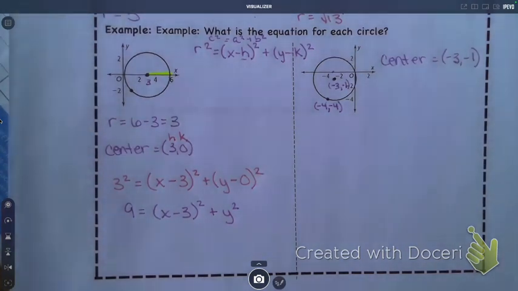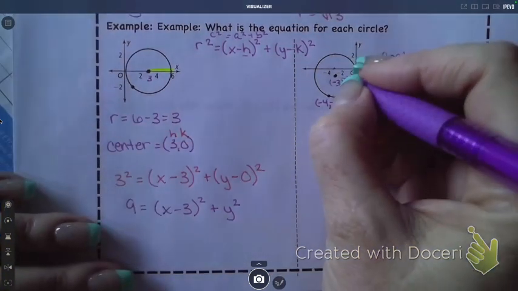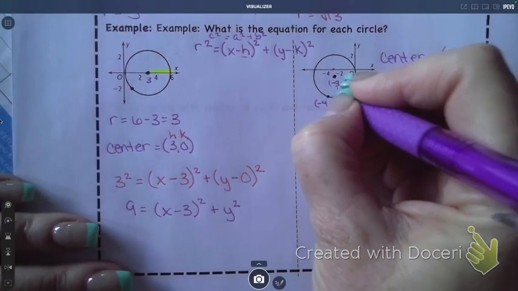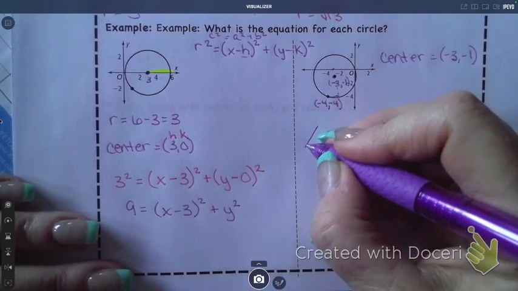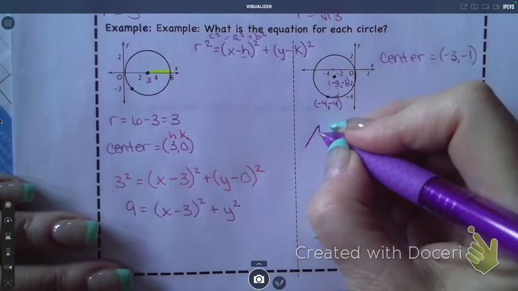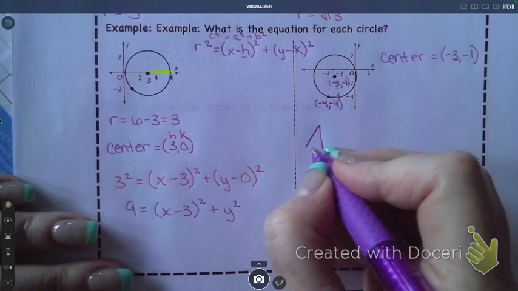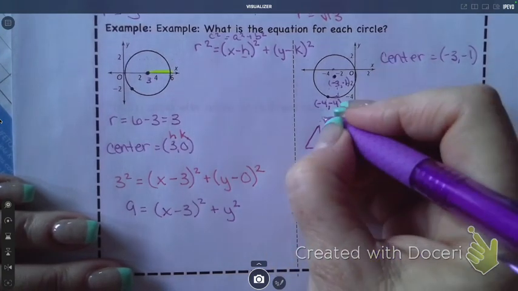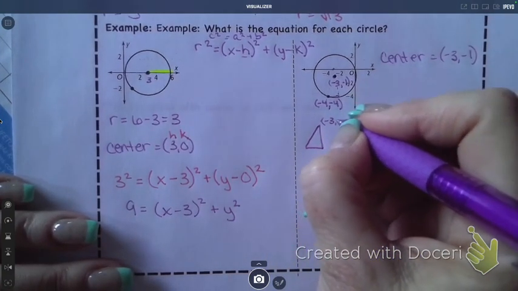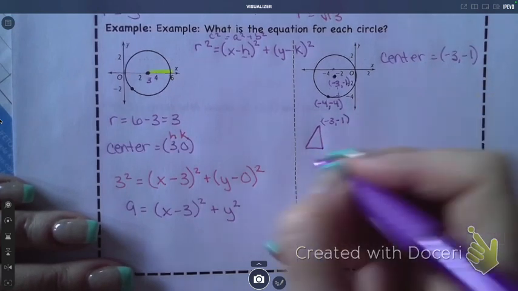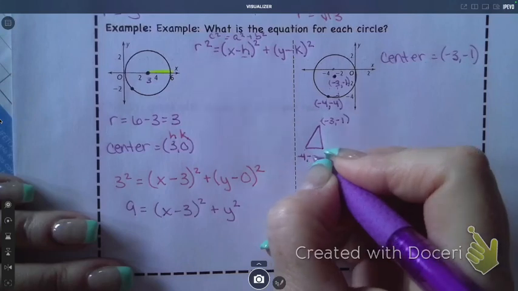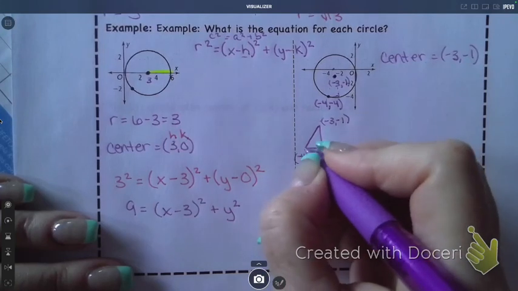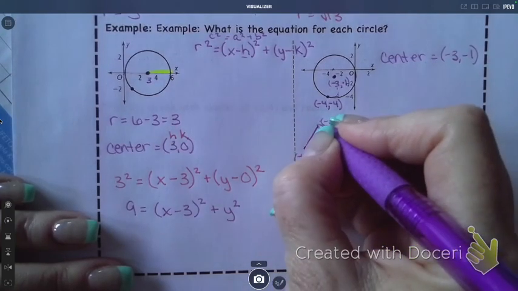So, we talked about we could make a what triangle? A right triangle, couldn't we? So the right triangle that we have from the center to a point on this graph. So this point was -3, -1, correct? And this point is -4, -4. So that's that point. And that's that point.